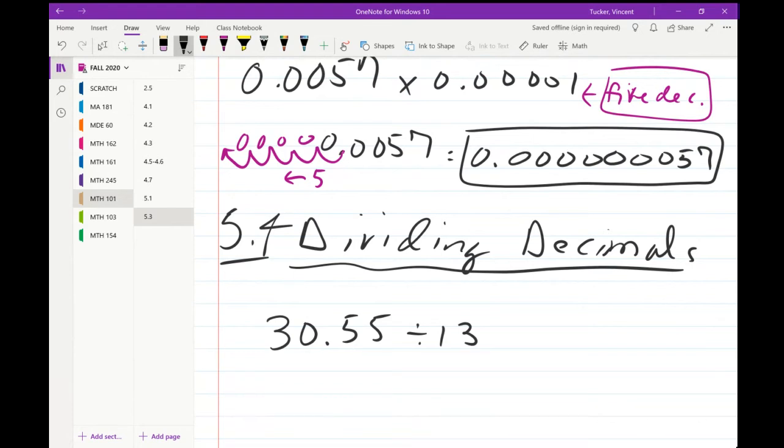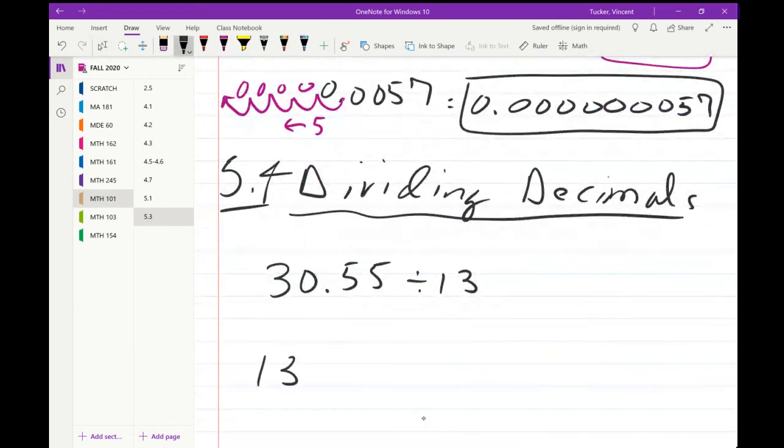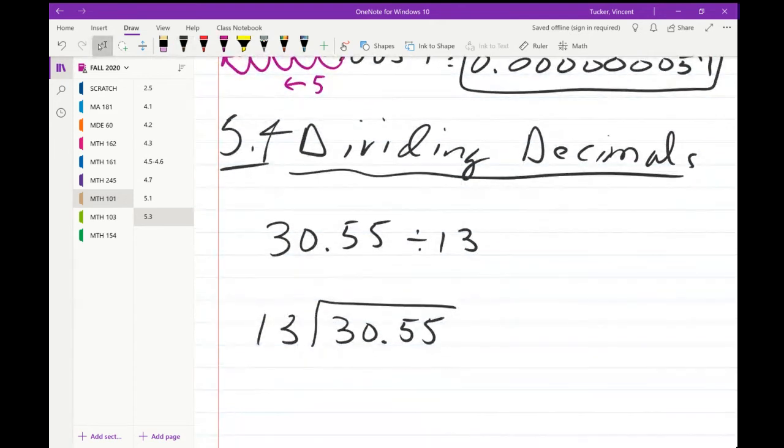All right, 30.55 divided by 13. So put the 13 on the outside of the long division symbol. Put the 30.55 inside that symbol. And so we look at each digit individually before we add something to it. 13 does not go into 3.